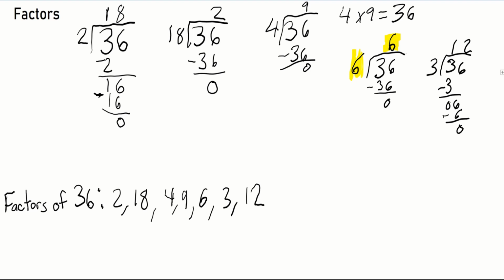And of course, we know that if we divide 36 by itself, we would get 1. Meaning that 1 and 36 are also factors of 36 itself.